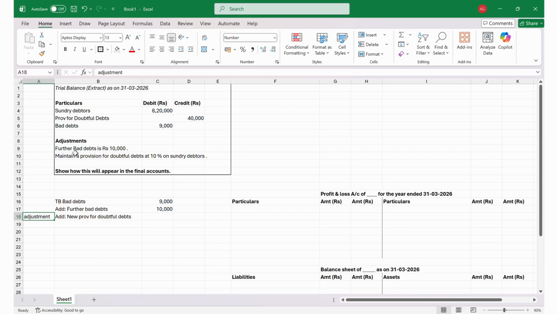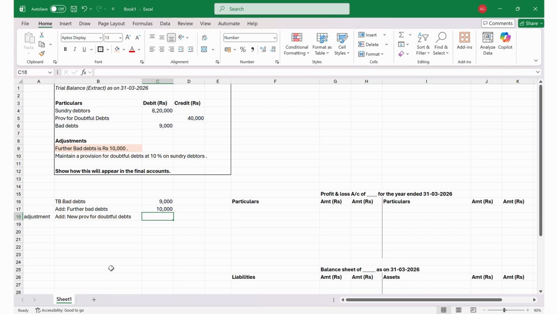Normally, if the question did not have further bad debts, I would have straight away computed 10% on 8,20,000, which is the debtors amount. But this question contains further bad debts. So we cannot directly multiply 10% of 8,20,000 and say that the new provision is going to be 82,000. So this will be wrong.